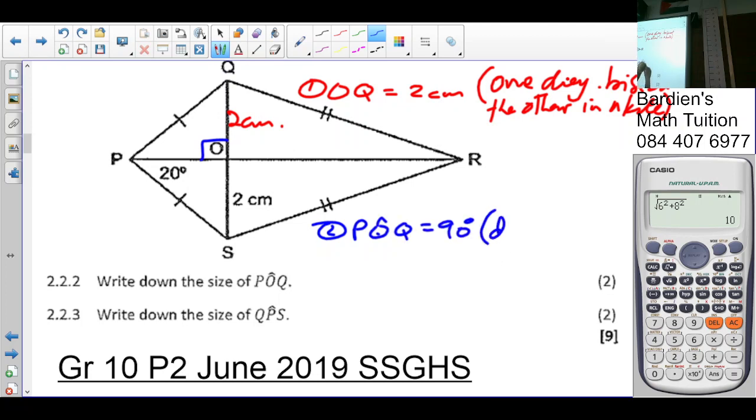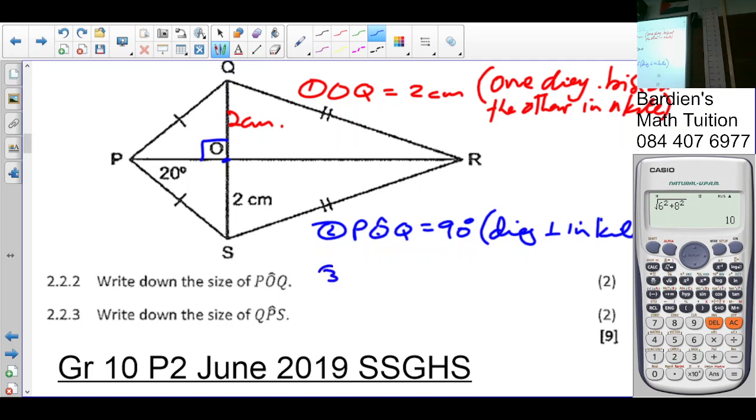Because diagonals are perpendicular in a kite. There are three shapes where the diagonals are perpendicular. What are the three? Kite, square. Well done, yes. Not everybody at once. Rhombus. Okay, doesn't sound like you guys are ready for the exam. The diagonals of a rhombus. The diagonals of a kite are perpendicular.